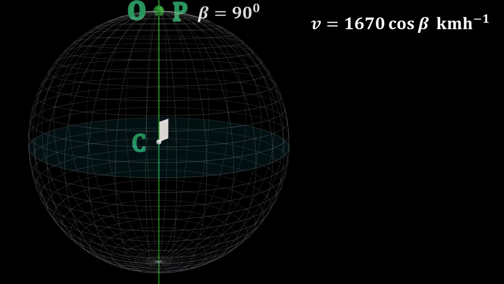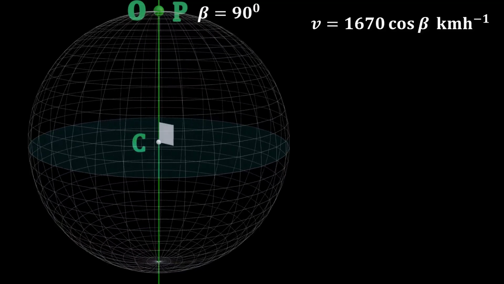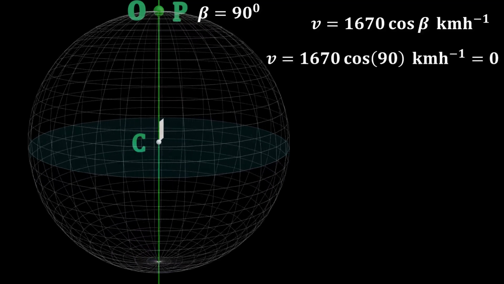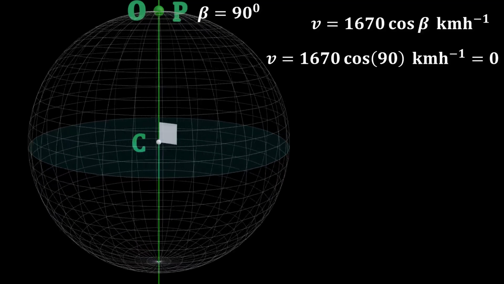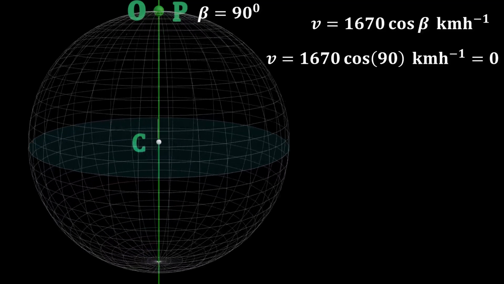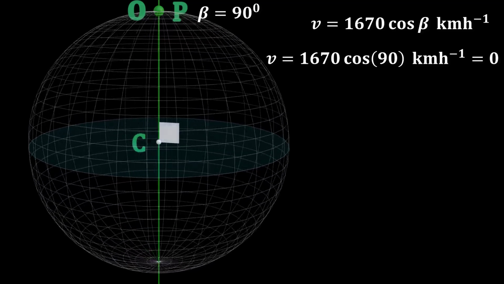For beta equals 90 degrees, which corresponds to the North Pole, we have cos 90 equals 0, and therefore V equals 0. A point on the North Pole is not moving due to the rotation of the Earth.